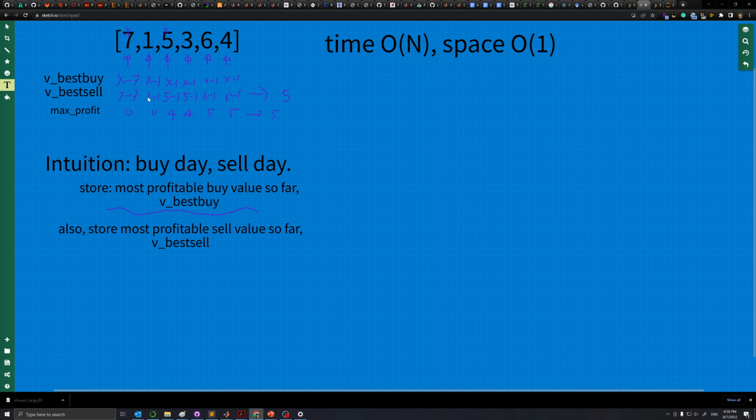But our best sell value cannot be 7 because that was some price in the past.